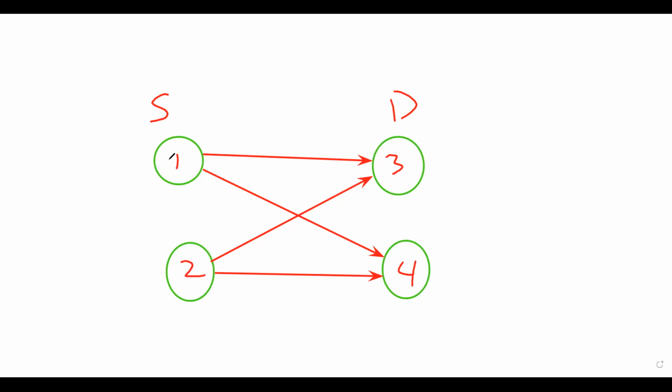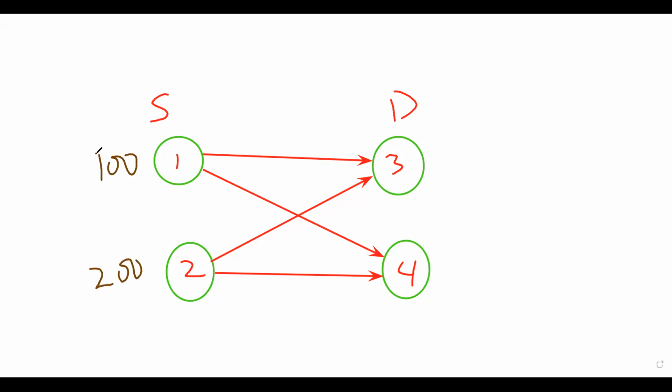Now the amount of what I'm transporting from this supply node to the demand node, I need to write it on the side. So I can say that I'm transporting 100 items here, and I'm transporting 200 items from here.